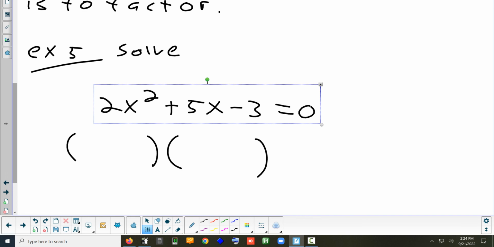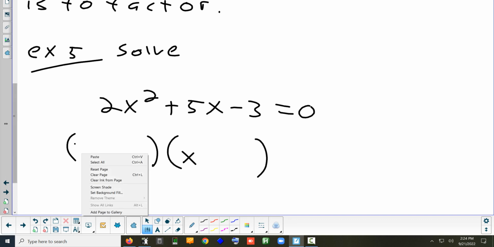Now, you figure out what times what gives you 2x squared. Anyone think they could tell me what would go at the beginning of each? Yep, 1x and? Well, what would go right here? Well, if I did 1x times 1x, that would give me 1x squared.